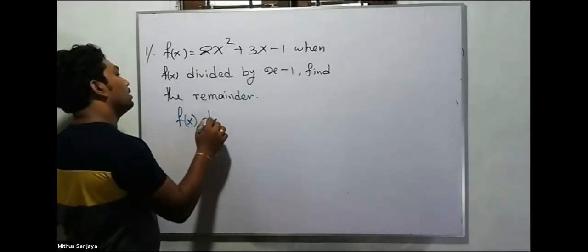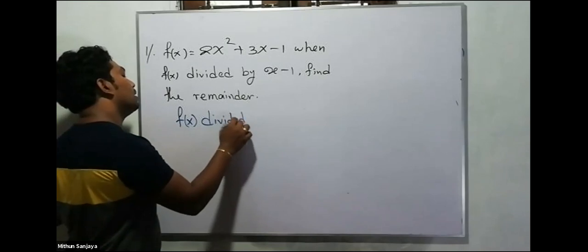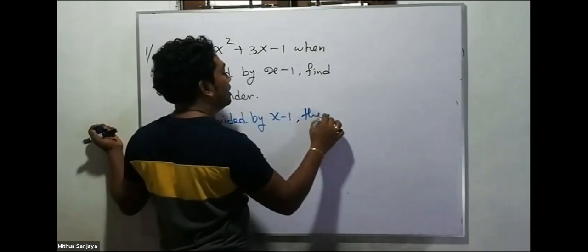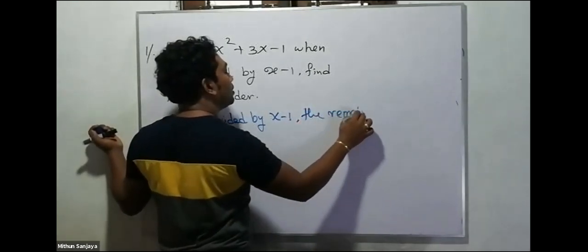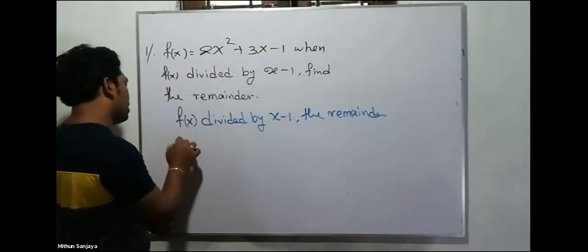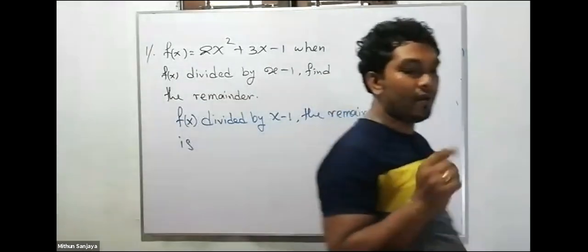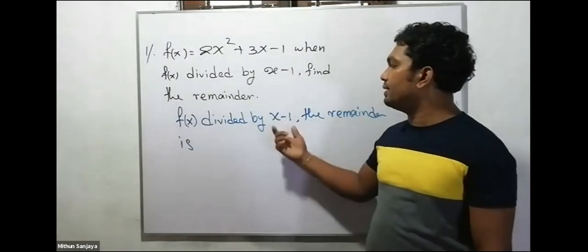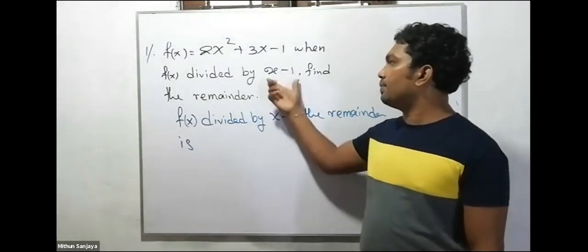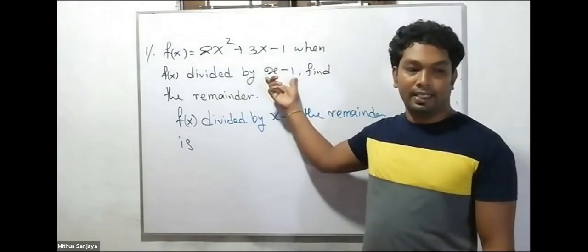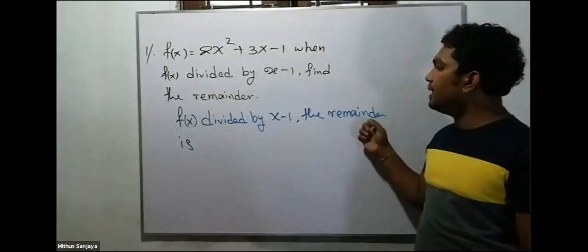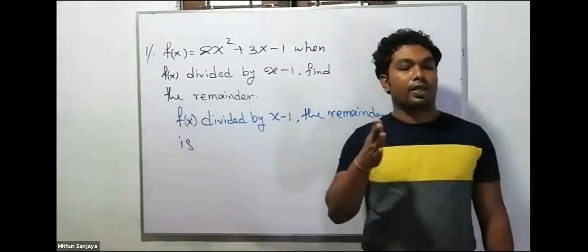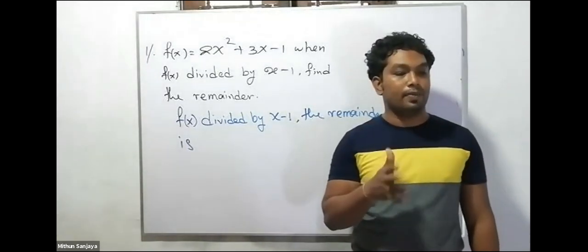We write f(x) divided by x minus 1, the remainder is. Now we have f(x). This is a division of the x minus a type, here x minus a, so it is x minus 1. So by the remainder theorem, we can write what the remainder is.